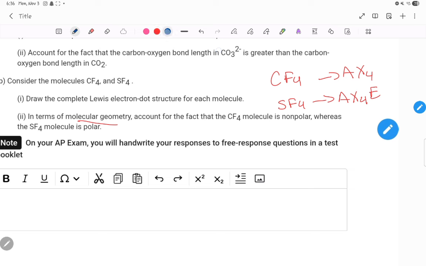Now, the shape of AX4, it is what it is, a tetrahedron. And the shape of AX4E, it is what it is, a seesaw. Now these are the geometries of whatever we have in front of us. They want us to account for the fact that CF4 is non-polar, whereas SF4 is polar.